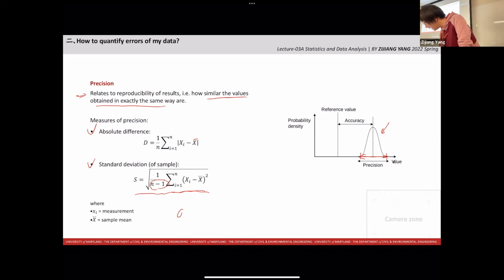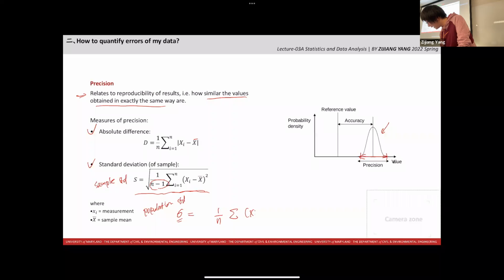But similarly, we also have another parameter of statistics. So this is sample standard deviation, and we also have the population standard deviation, and we usually use sigma to note this, and this is 1 over n, and then we make the summation of xi minus x bar squared.